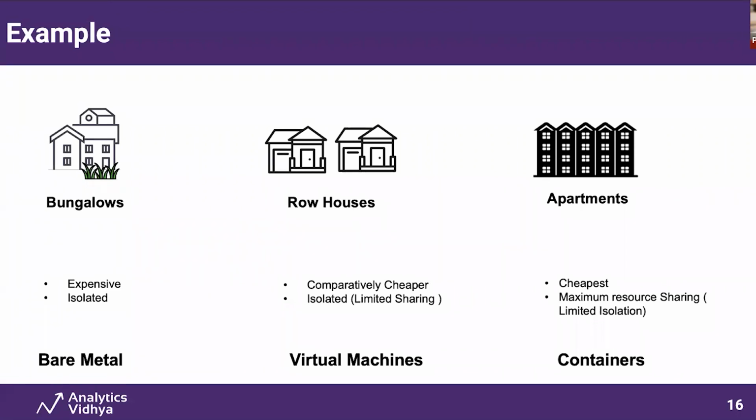So now you can see how you can have more families living on the same piece of land where there was only one bungalow, or let's say 3 row houses where only 3 families were living, but now you have 100 families living, and that's how the difference comes in, right? So it's cheaper, with the exception of some apartments which are costlier than bungalows and row houses, but you get the idea, right?